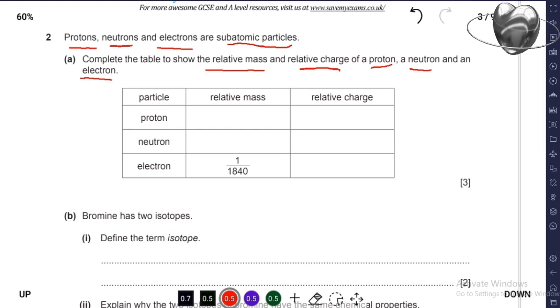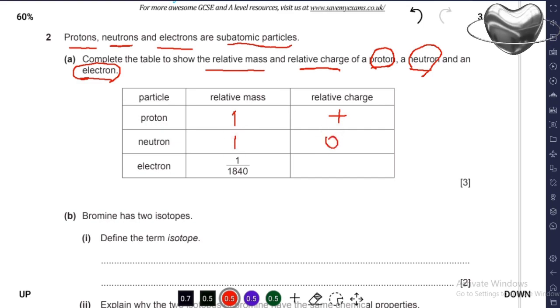Here we are talking about 1 proton, 1 neutron, and 1 electron, as we can see in the question. So what is the charge of a proton? The charge of the proton, in my introduction, I said the charge is positive. The mass is 1. Neutron, the mass is 1. The charge is 0. Electrons, the relative mass is 1 over 1840. The relative charge is negative.